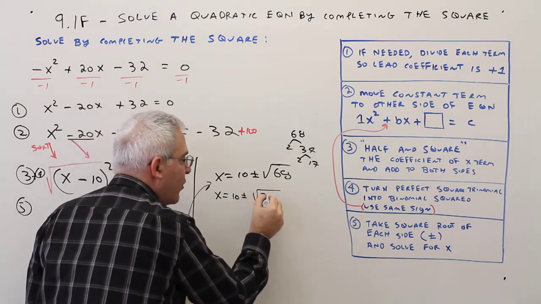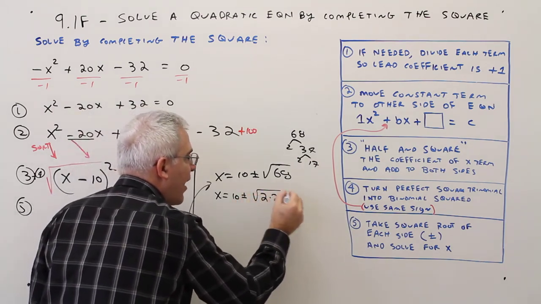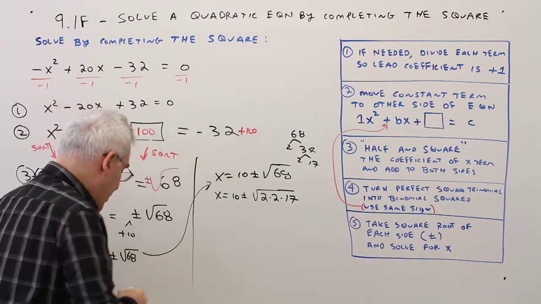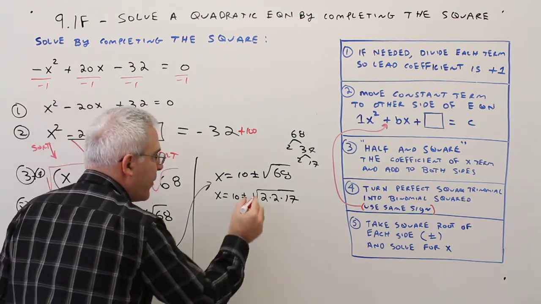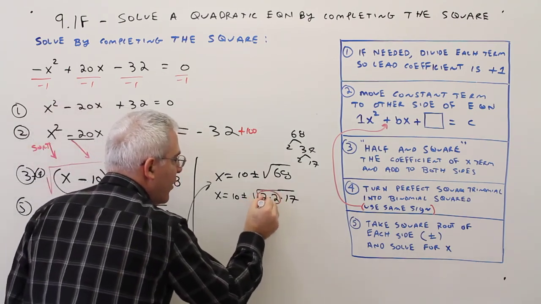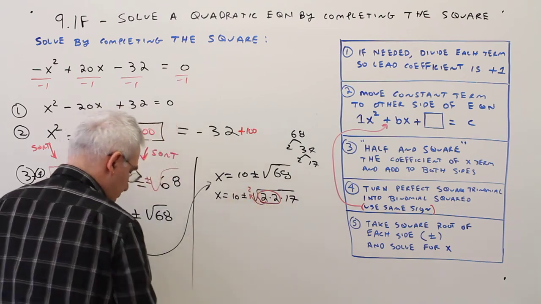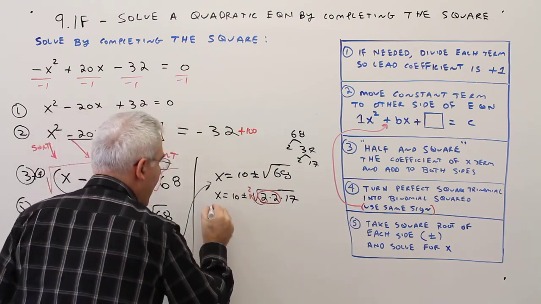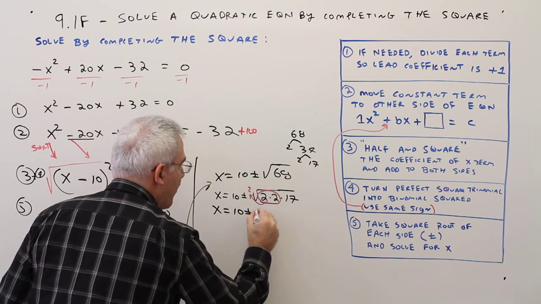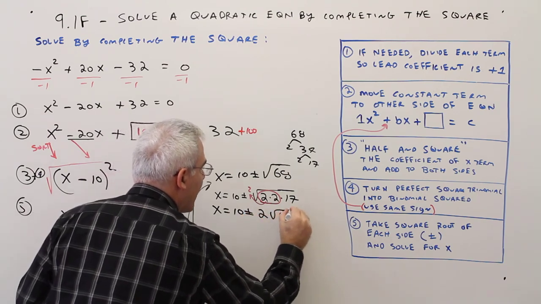So we can say it's 2 times 2 times 17. And then recall from an earlier video, you can take that 2 out. So I now have x equals 10 plus or minus 2 radical 17.